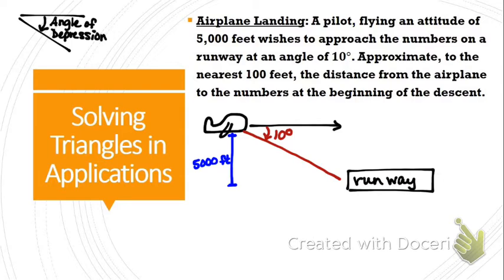So if I'm looking across like a horizontal and I have to look down to get to what I'm aiming at, that's an angle of depression. If I've got a horizontal and I look up, that's an angle of elevation.